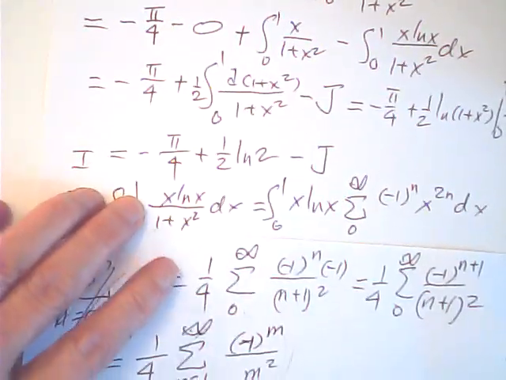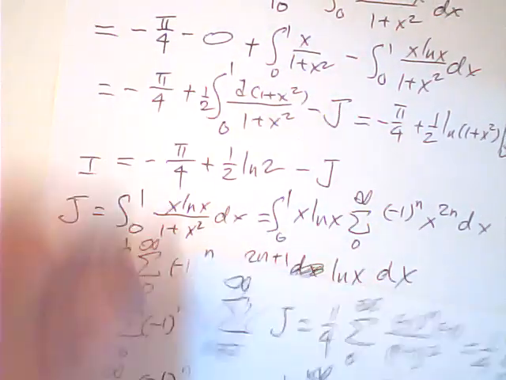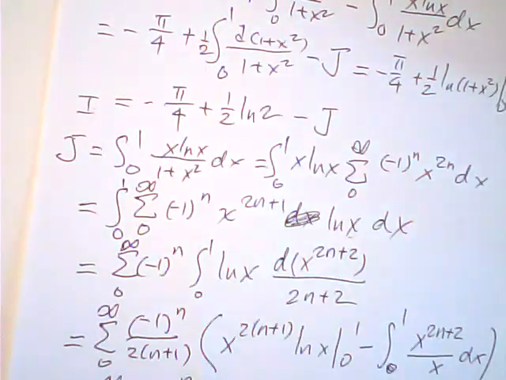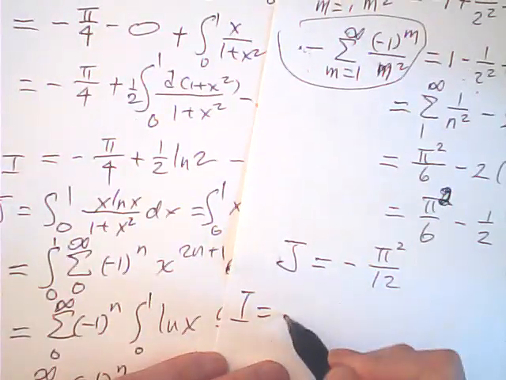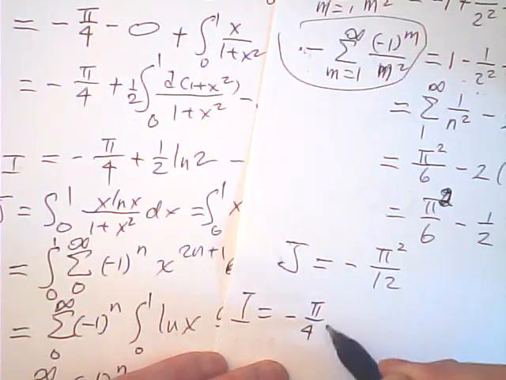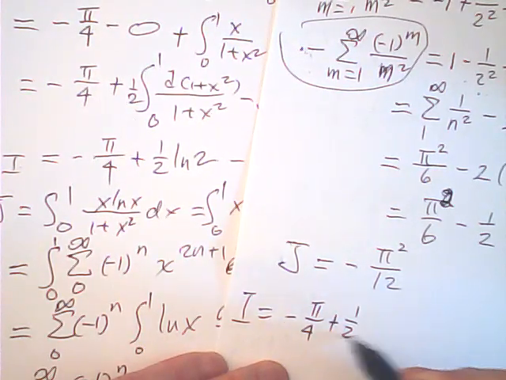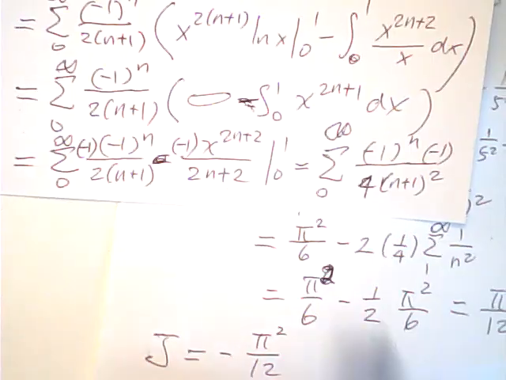Target integral is this. Our target integral is equal to minus pi quarter pi plus half log 2 minus j minus 4.